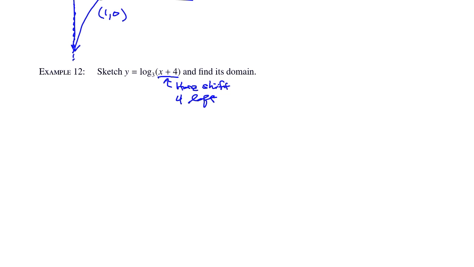So first, let me make a short sketch of the log base 3 graph. That would be the increasing graph that goes through 1, 0 and 3, 1.